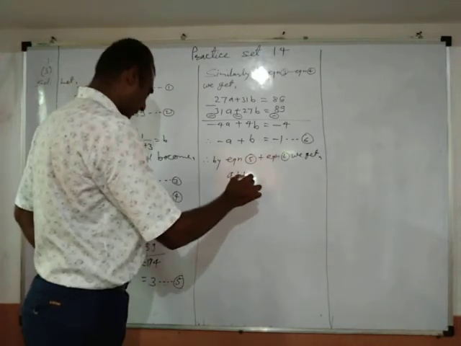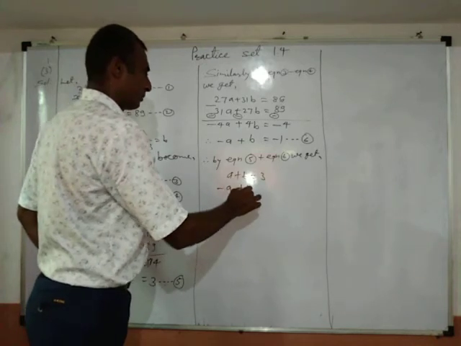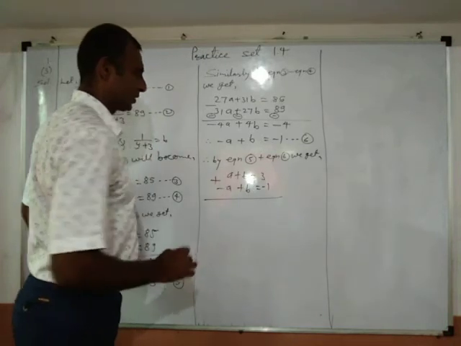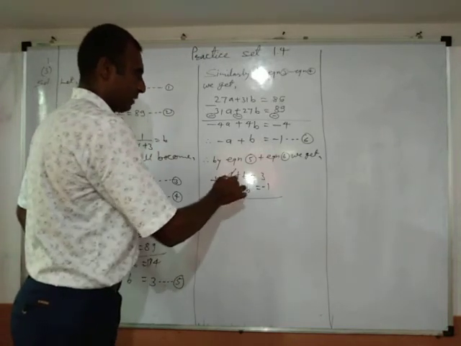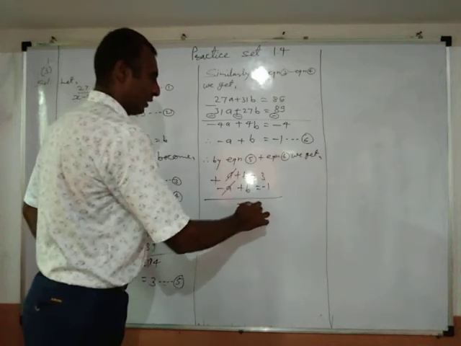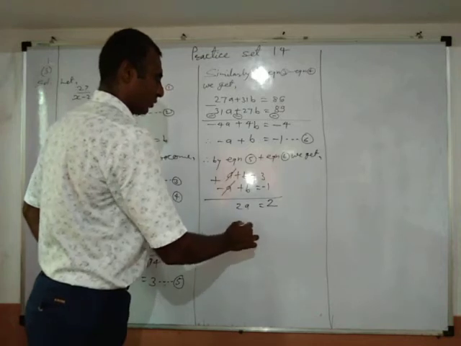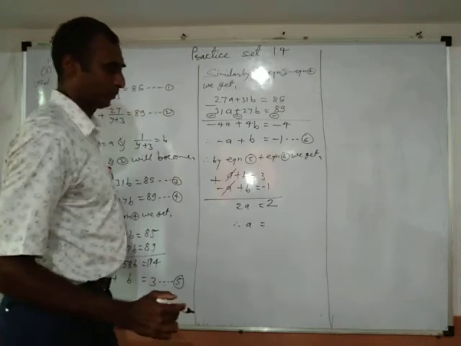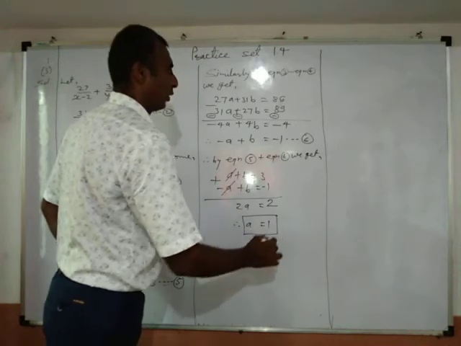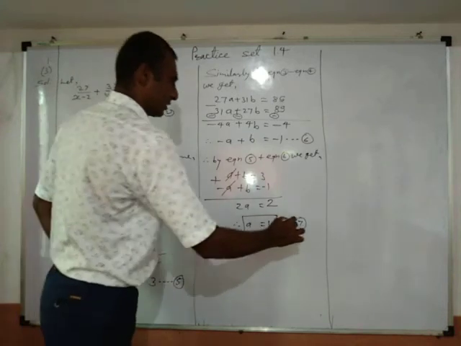We decided to add these two equations. a and minus a will cancel each other. b plus b gives us 2b, and 3 plus minus 1 gives us 2. Therefore b equals 2 by 2, and 2 by 2 is nothing but 1. b is 1. Equation 7.